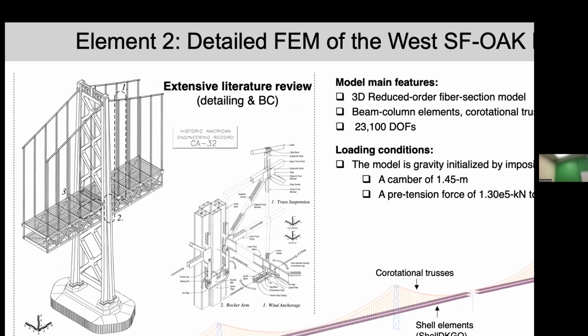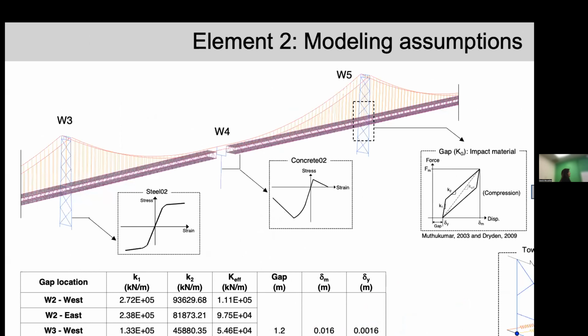As a whole, the model has about 23,000 degrees of freedom and utilizes a combination of different elements, from fiber sections to shell elements to rotational trusses with a pre-tension force applied to them to represent the cables.